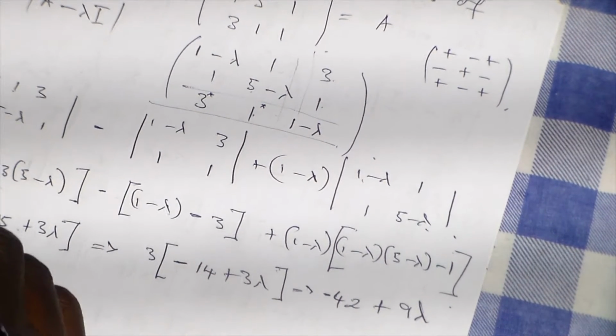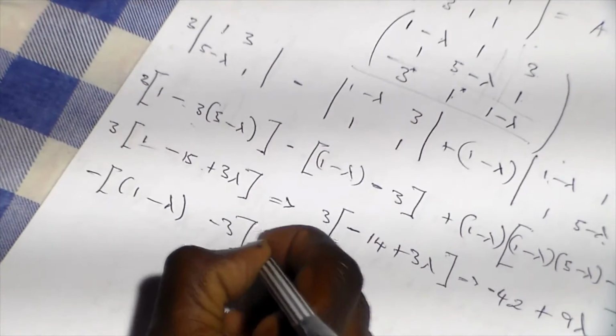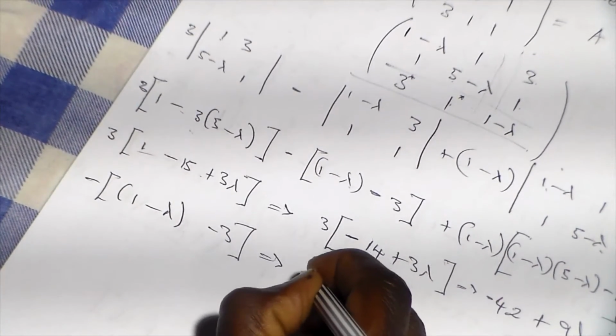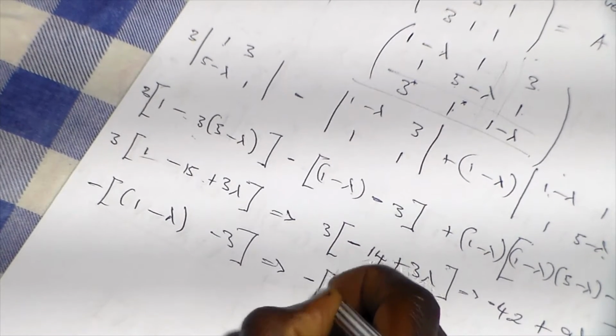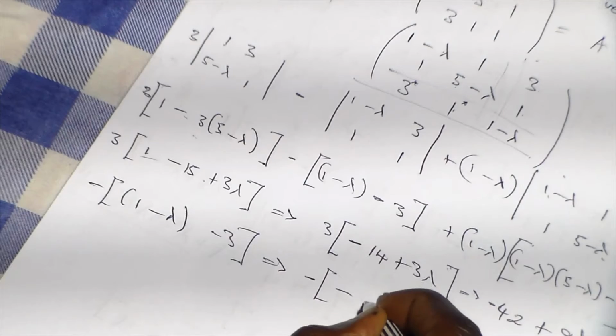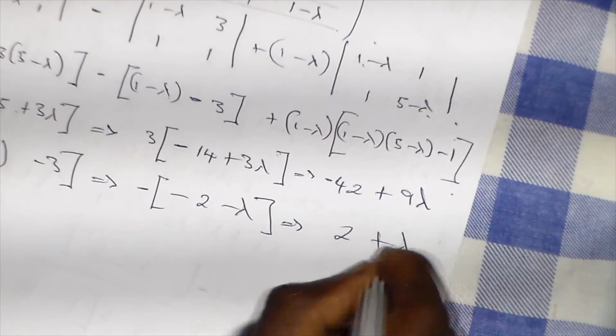Getting on to the second factor, we are saying 1 minus lambda minus 3. This is getting me to 1 minus 2 minus lambda, which will get me to 2 plus lambda.